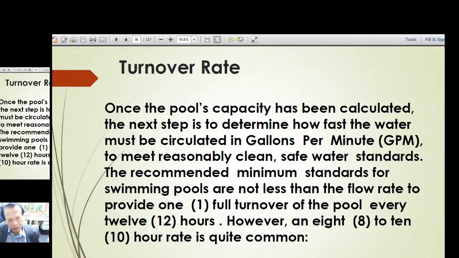So in other words, some owners here in the Philippines would turn over the water in their swimming pool a little faster than twice a day. Why?